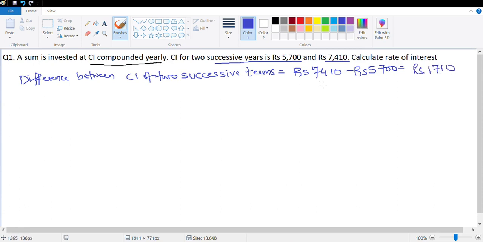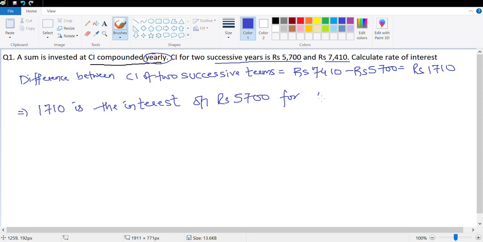Right, 7400 minus 5700, that's 17 and 10 extra, 1710. What this means is 1710 is the interest on the previous compound interest, which is rupees 5700 for the term. What is the term? This is compounded yearly, which means for 1 year.